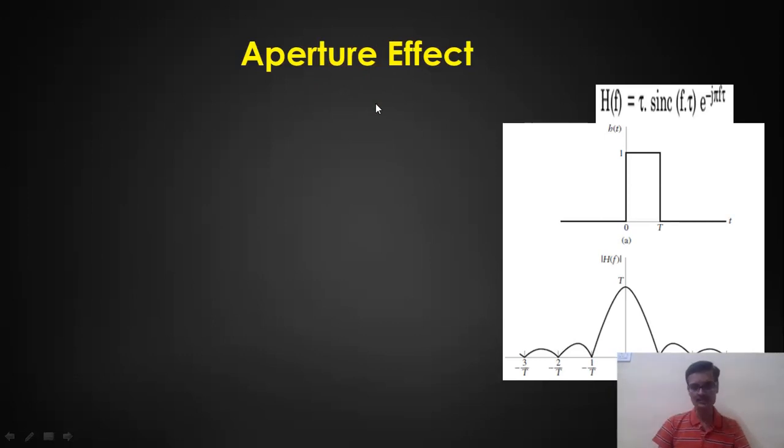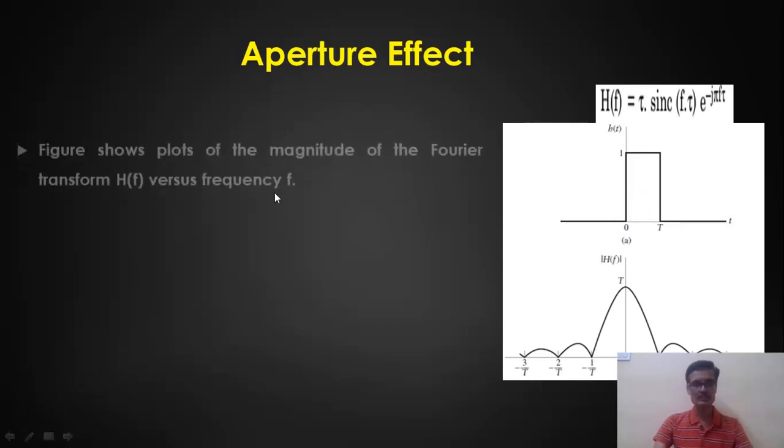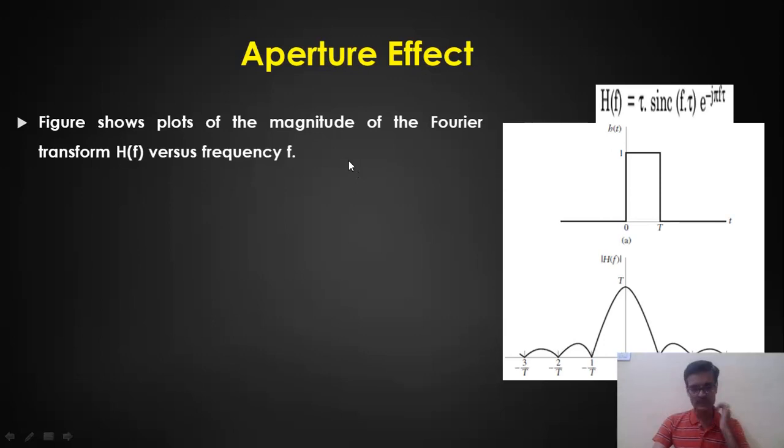We will not get it in the ideal sampling method, where we use a series of delta functions whose pulse widths are 0. In the rectangular pulse, we have a certain width of interval T seconds. In such cases, we face the aperture effect. What is this aperture effect? Let us understand. Just look at this. This is the h of t which I have taken.